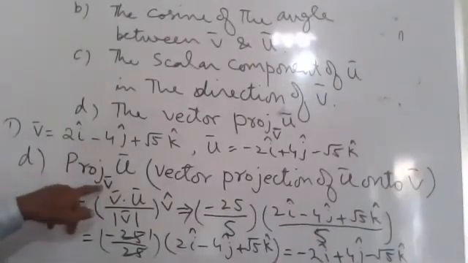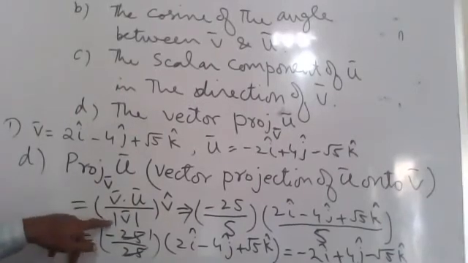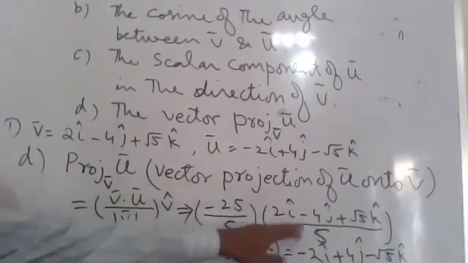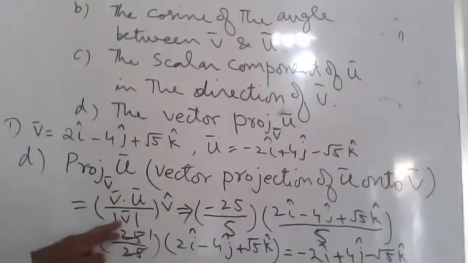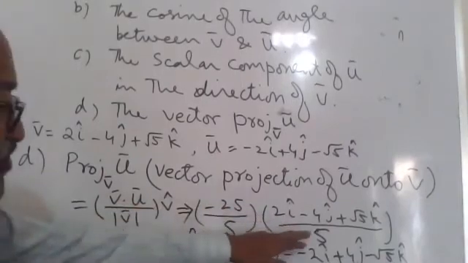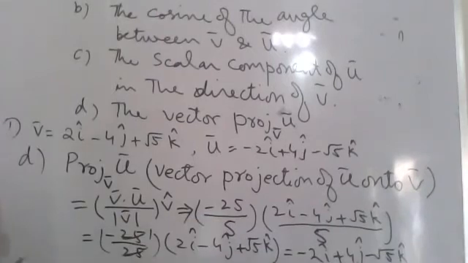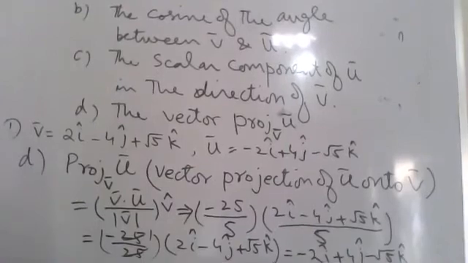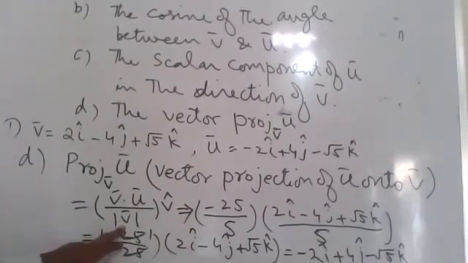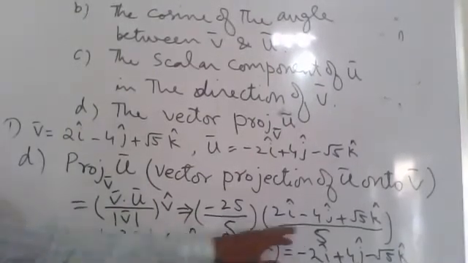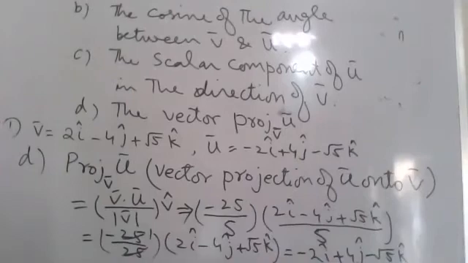So first we take the dot product. Then we find the magnitude of V and multiply by the unit vector, that means the vector V upon the magnitude of V. So this is also the magnitude of V, that is the square of the magnitude of V, into the vector. When you take the square of the magnitude, then here it is not the unit vector, only the vector. Because you take 5 over there, this is the vector, not the unit vector.